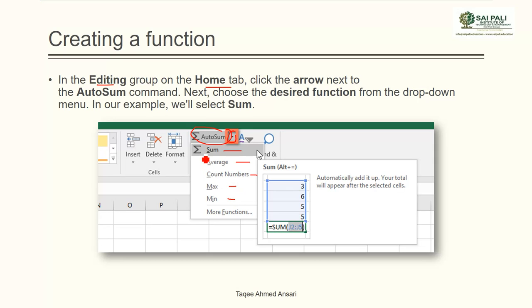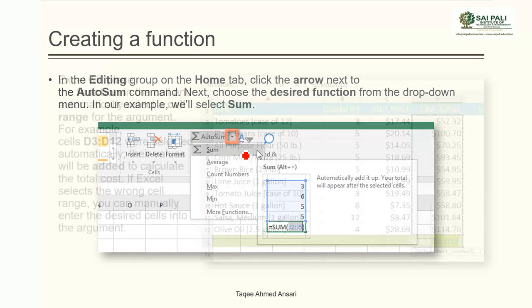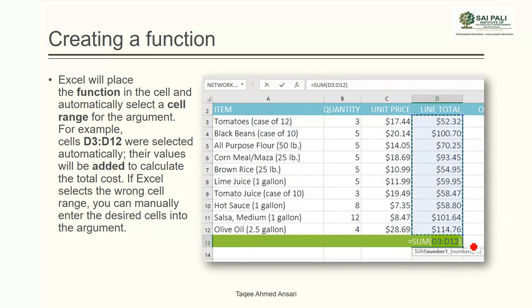I can use any of them. For this example I want sum. When I select sum, it automatically places the function there and also automatically selects the cell range. We don't have to mention the range.